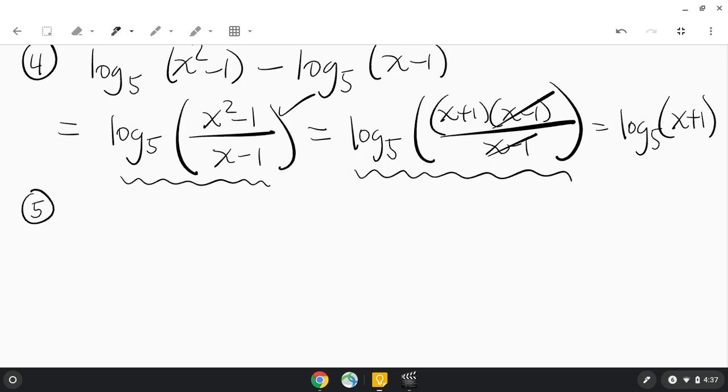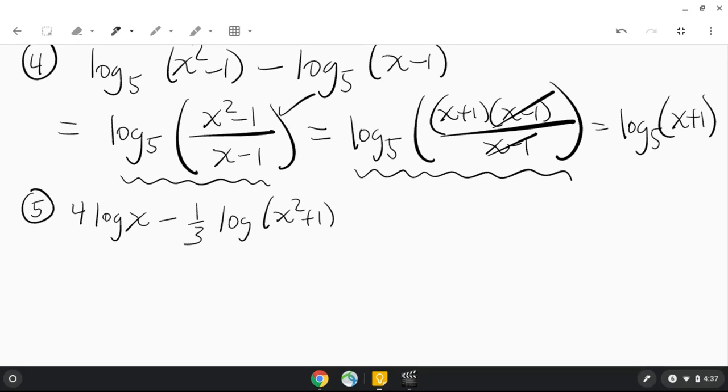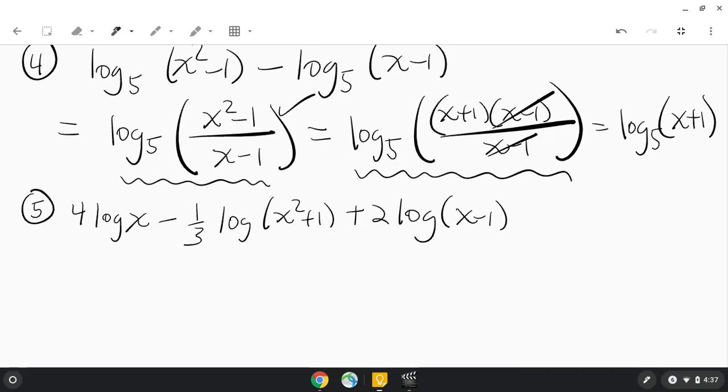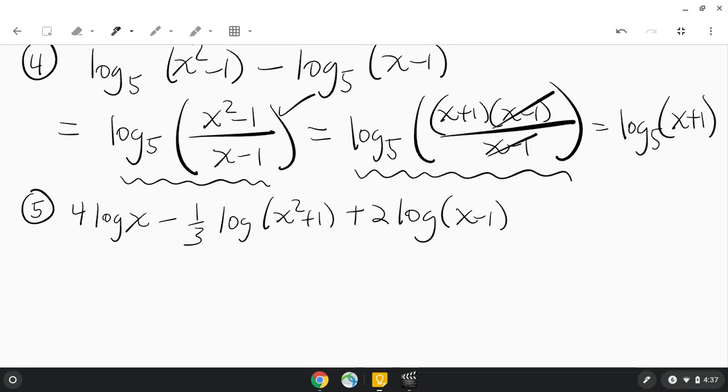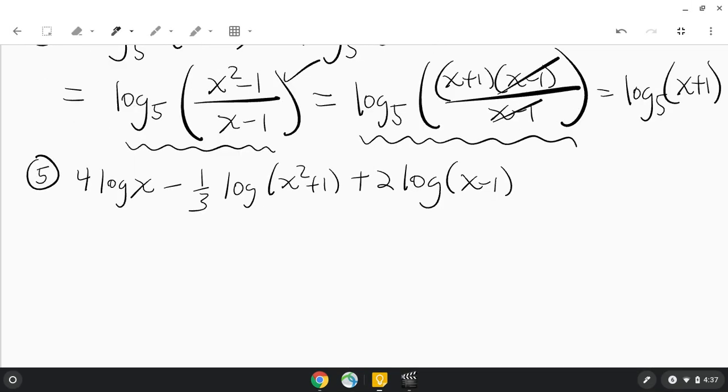Okay, let's take a look at this one. Log x minus 1/3 log x squared plus 1 plus 2 log x minus 1. It's very important for you to really master these laws, especially when we get into solving.